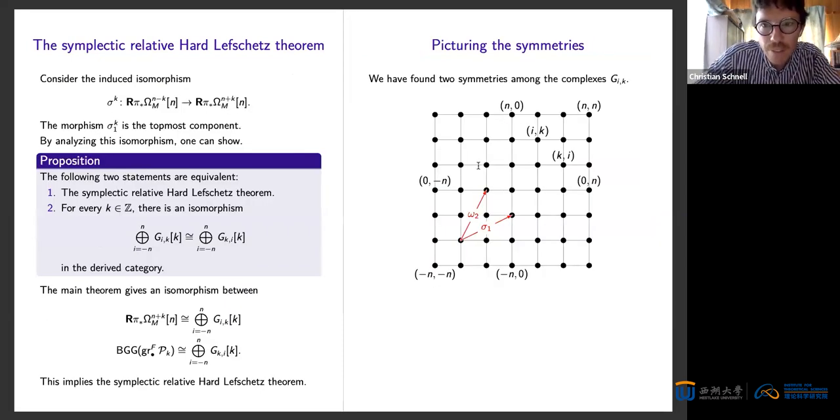So what we actually have is these complexes G_{I,K}. I can go from -n to n, and k can go from -n to n. So I can arrange these complexes G_{I,K} on this kind of square grid here, right? Maybe I is the first index and k is the second index.